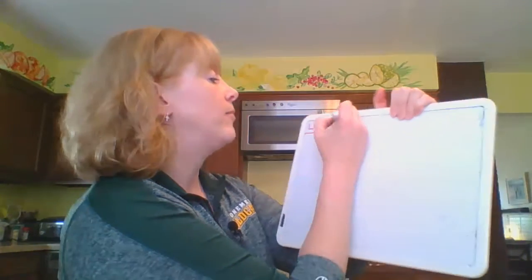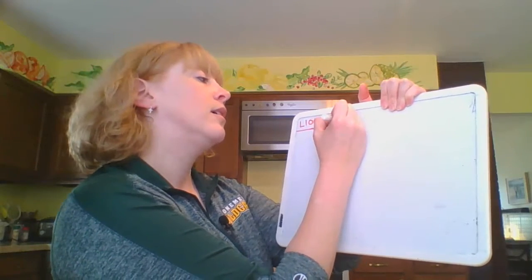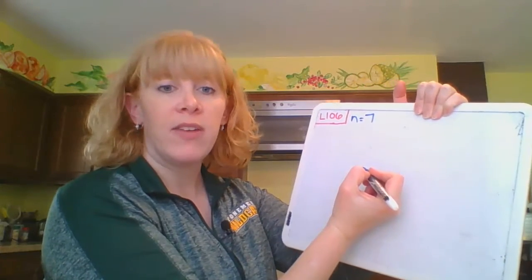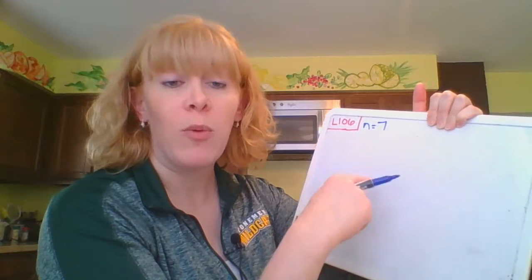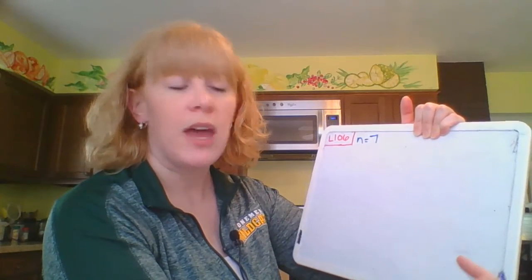The first one says if n equals 7, then what is the value of each of these expressions? So I'm going to put right up at the top n equals 7 so I don't forget that. Normally we would have to figure out what n is, but we don't need to do that this time.